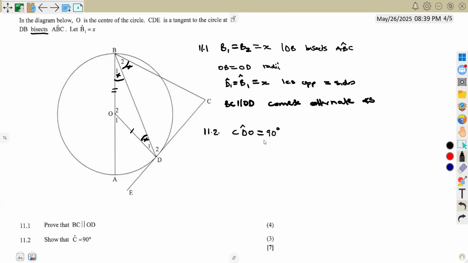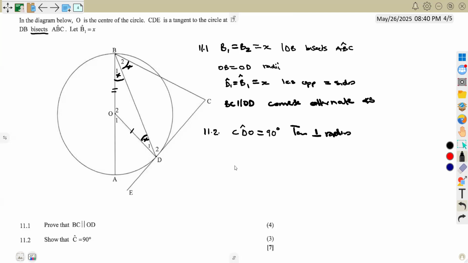What's the reason for that? It's a tangent that is perpendicular to a radius. Since you are given that this line is a tangent and that OD is a radius, with center O, the tangent is perpendicular to the radius.